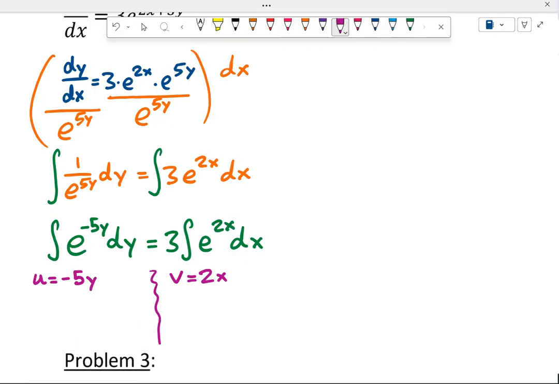What if I'm on the left? What is my du? dy would be equal to what? du over negative 5, correct? On the right side, what is my dv? And so then what's my dx?